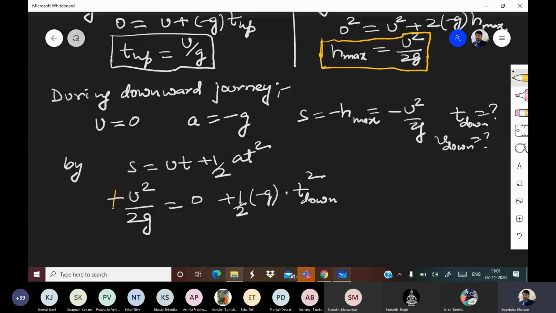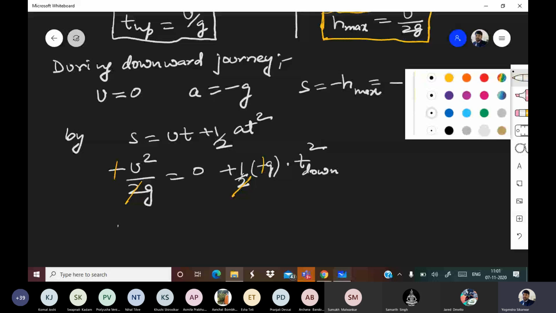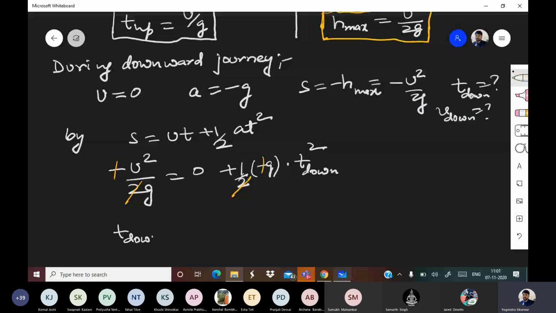So this minus will get cancelled, this 2 will get cancelled. So t down square is equal to u square upon g square. So t down comes out to be u by g, and actually that was equal to t up.